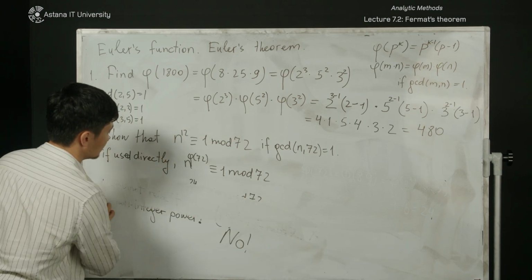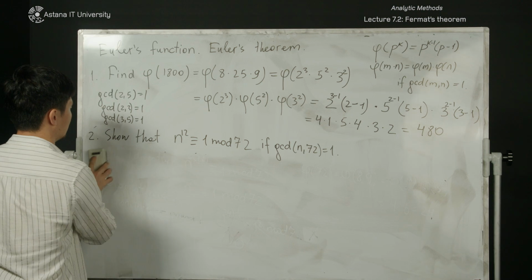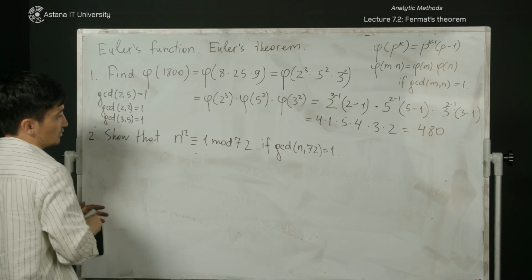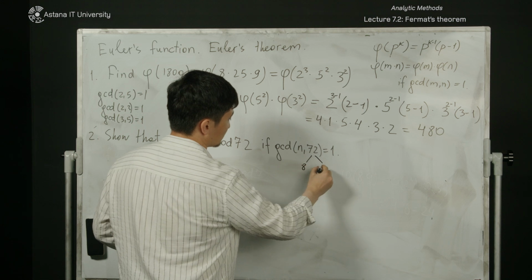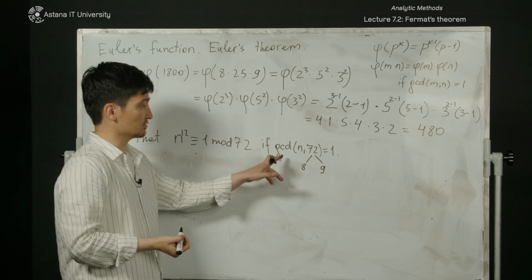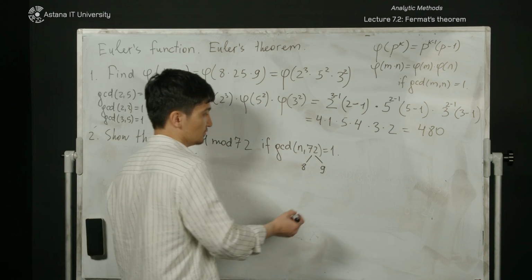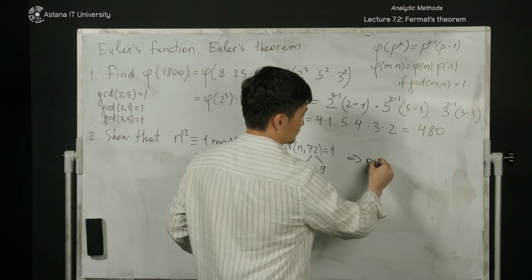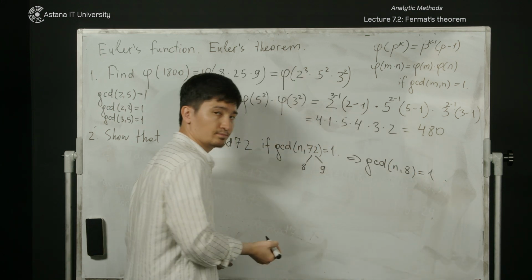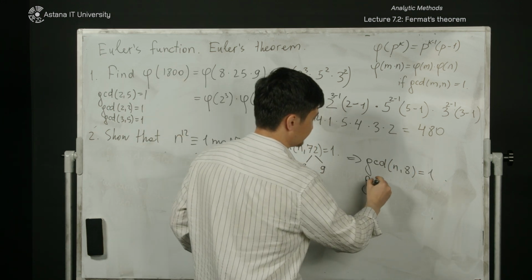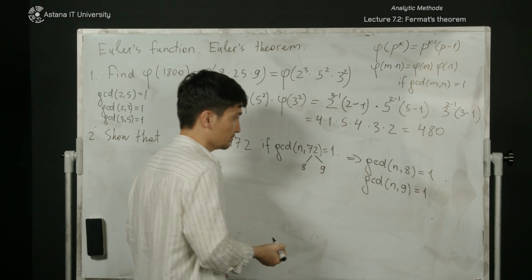Instead, we're going to consider this as 8 and 9. And since I know that GCD of n and 72 is 1, then also GCD of n and 8 is 1, and GCD of n and 9 is also 1.